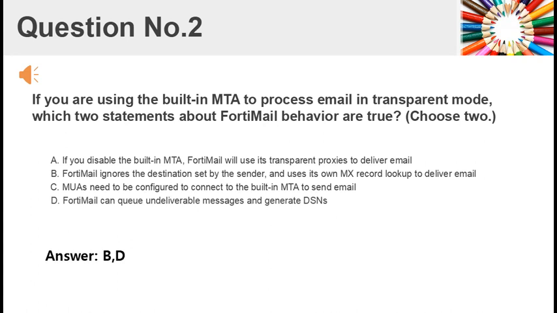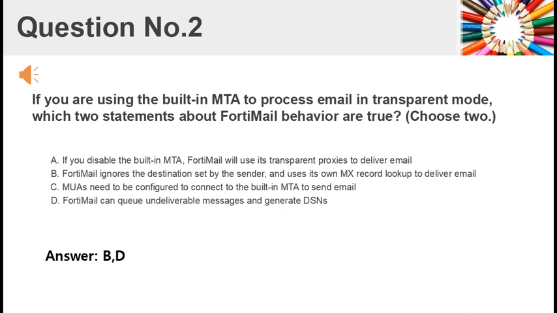If you are using the built-in MTA to process email in transparent mode, which 2 statements about FortiMail behavior are true? Choose 2. A. If you disable the built-in MTA, FortiMail will use its transparent proxies to deliver email.